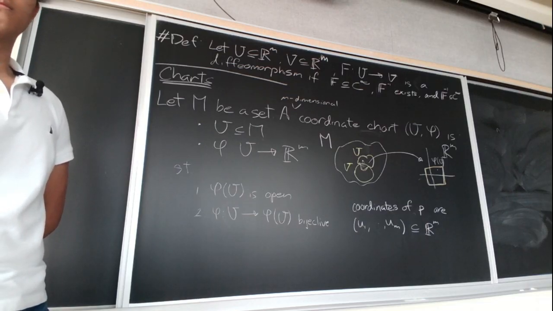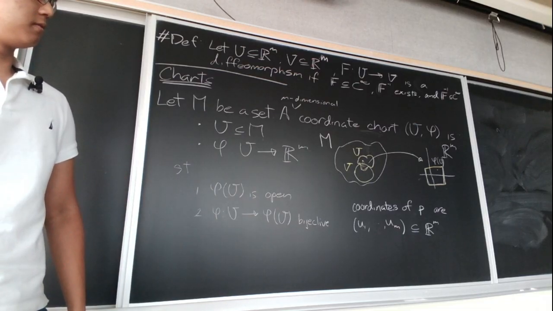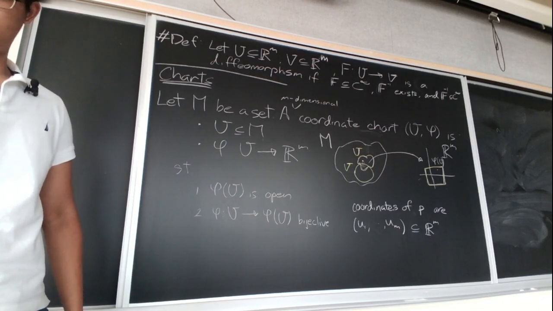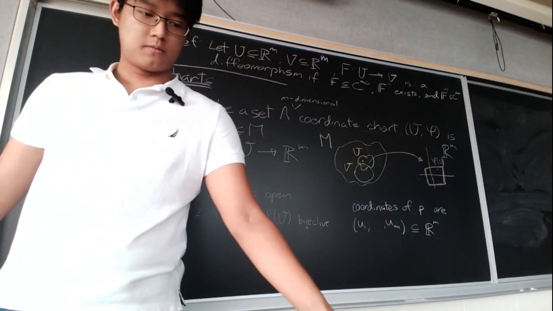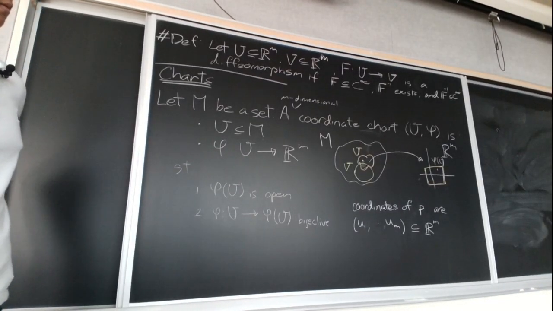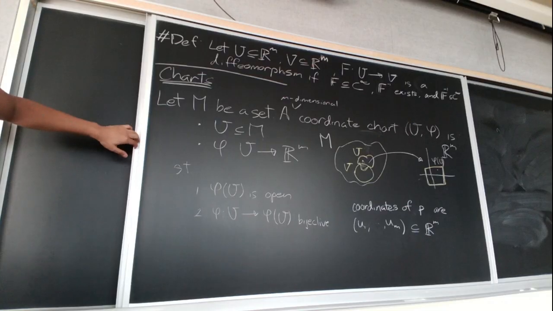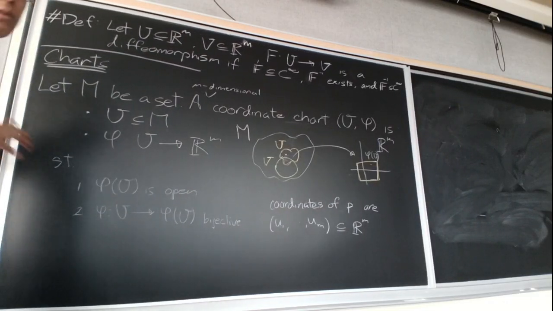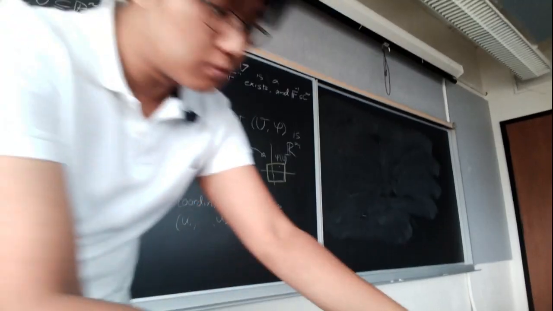Like he said, we're going to try and cover M with a bunch of sets, which all have this property. But then what will I need to make sure? I'll have a bunch of these charts, no overlap is fine, but I'll need to make sure that these things are what with each other.